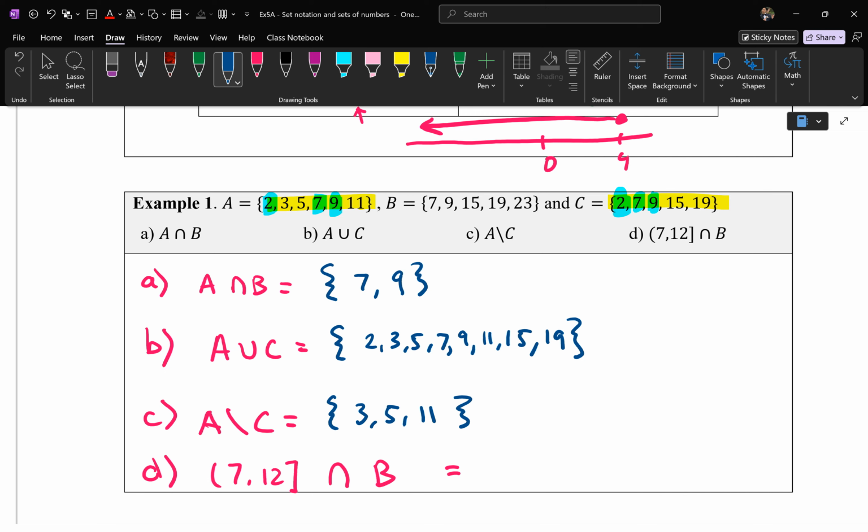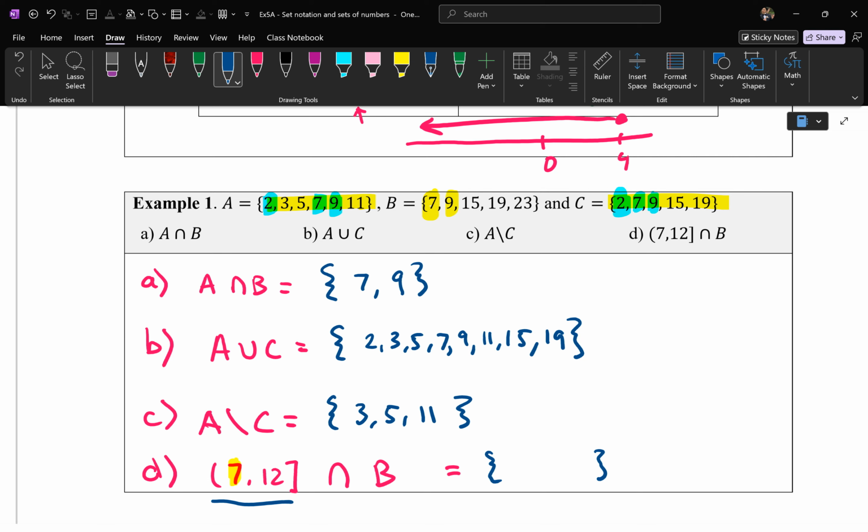Intersection. All right, intersection of B. So what is in common between 7 to 12 and anything in B? We can see that they both have a 7, but be careful there. They both have a 9, and that's about it. But why did I say be careful?